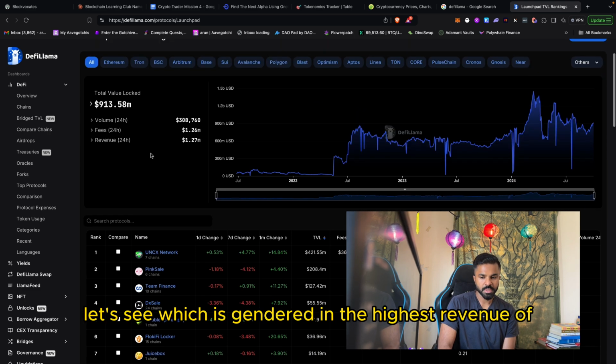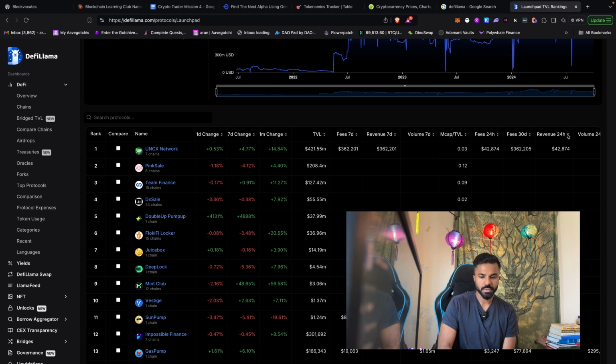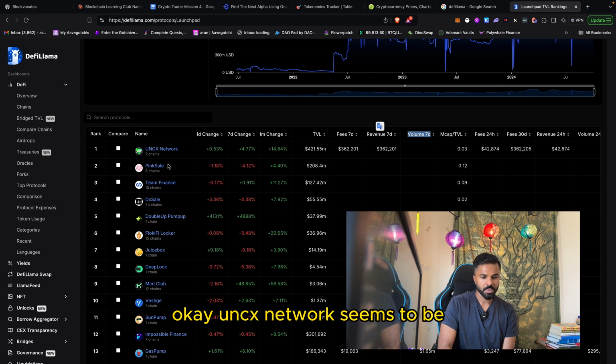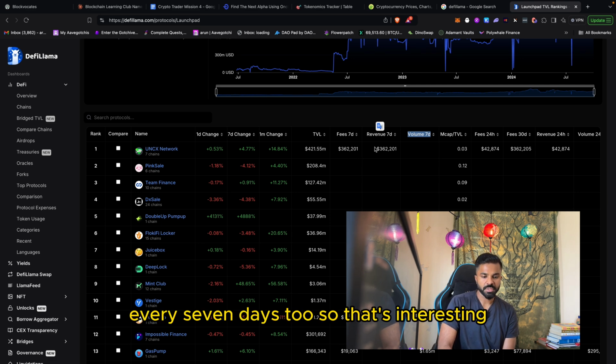Right now let's see which is generating the highest revenue. Revenue, 7-day revenue. That is the highest. Okay, UNCX Network seems to have the highest TVL generated, and is generating fees of 300,000 every 7 days too. So that's interesting.